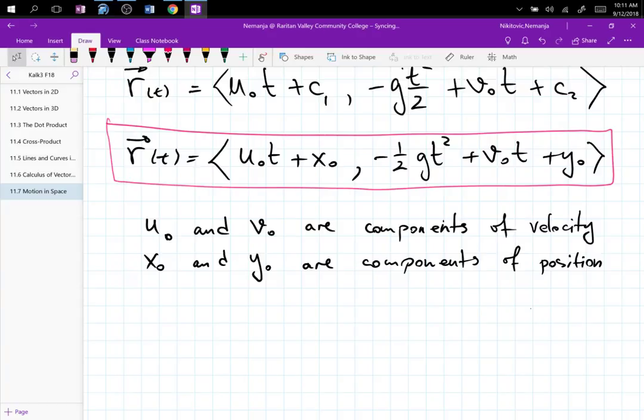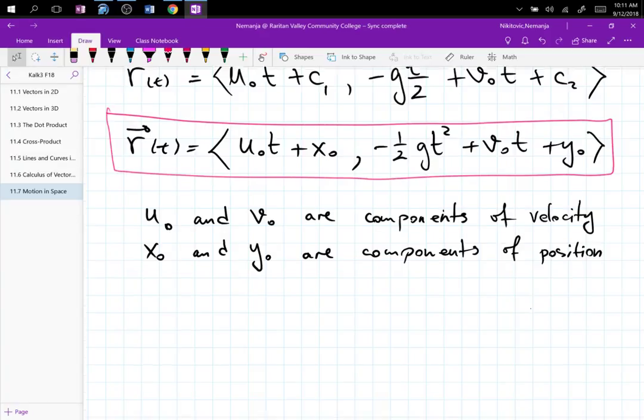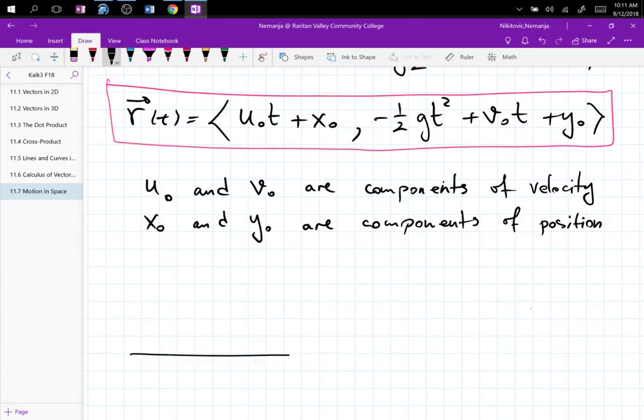So what do I do now? Let's draw an object which flew to the location from t equal t0 to t equal t1.